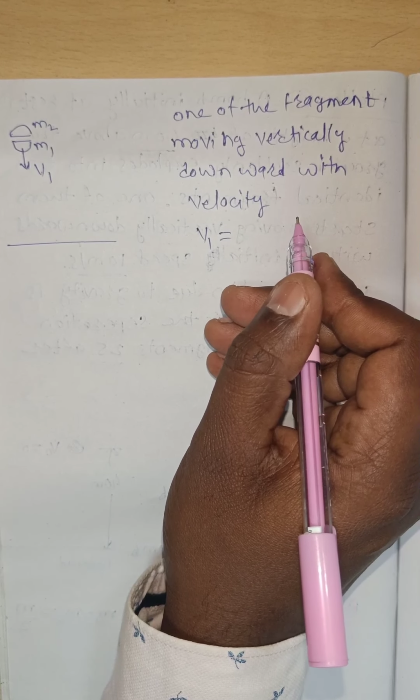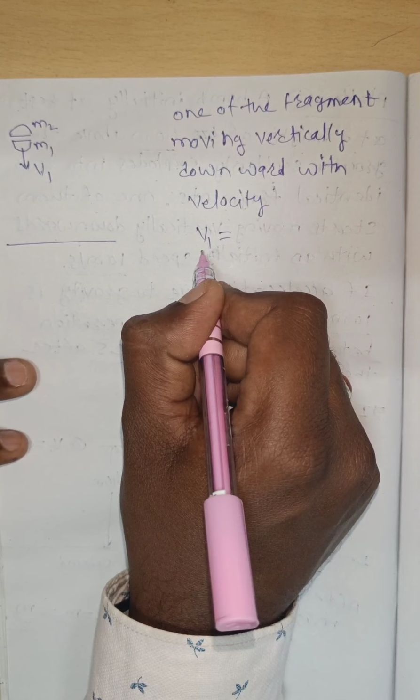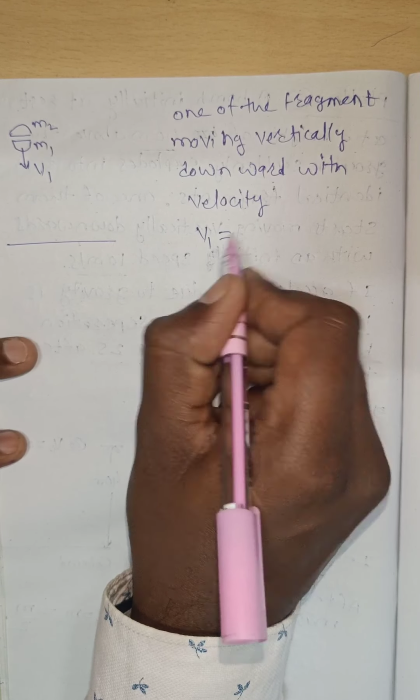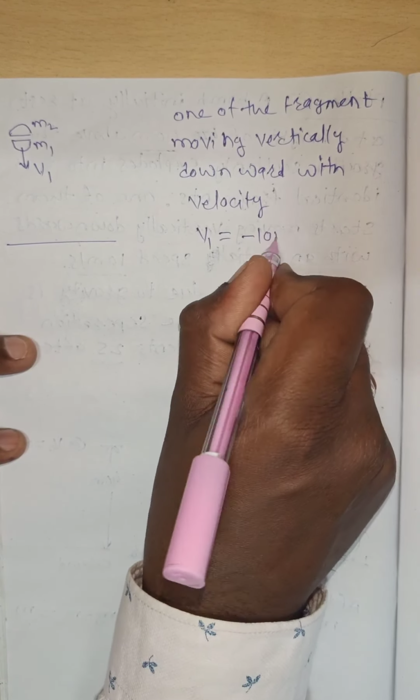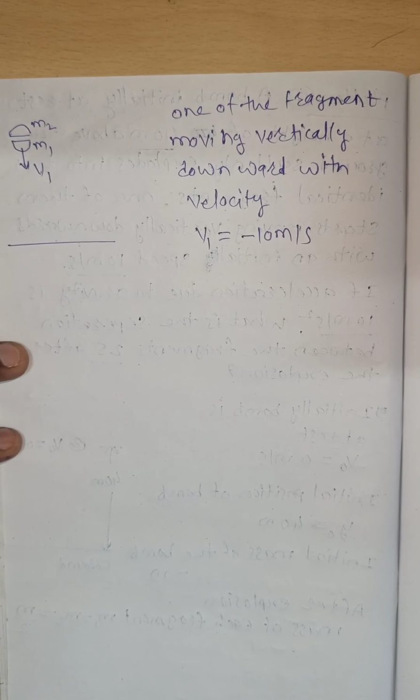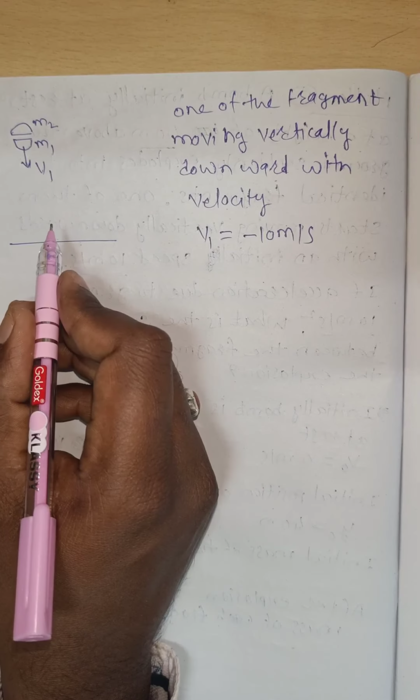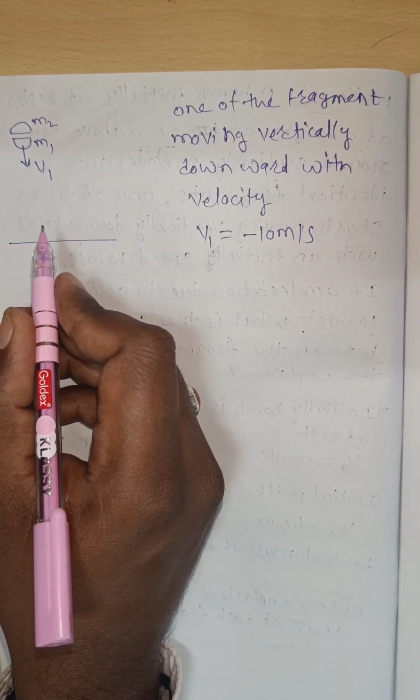But since this fragment is moving in a downward direction, the velocity of that fragment is minus 10 meter per second.